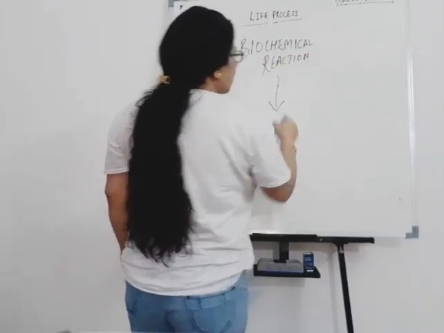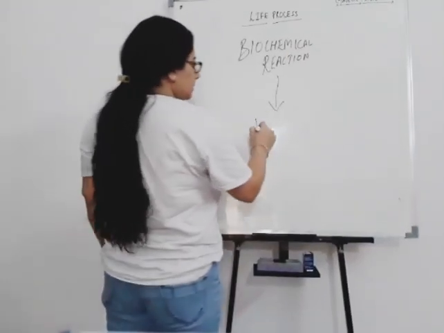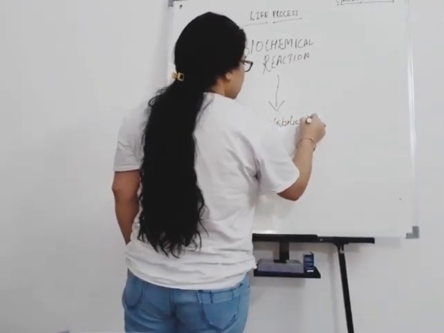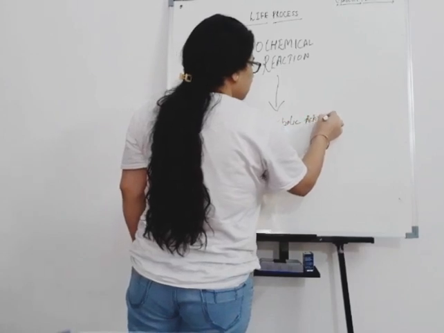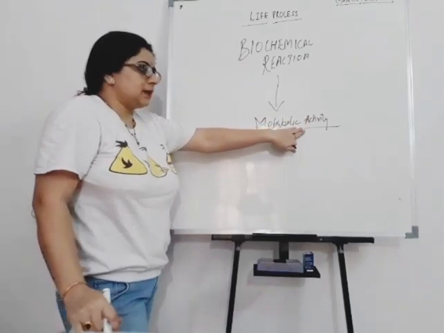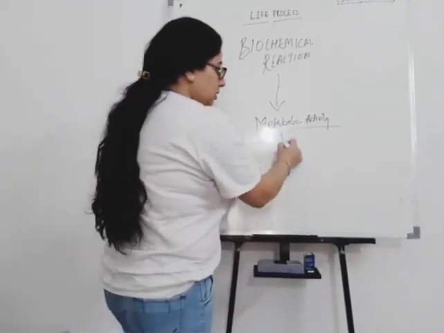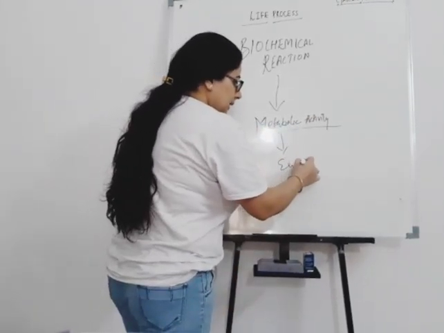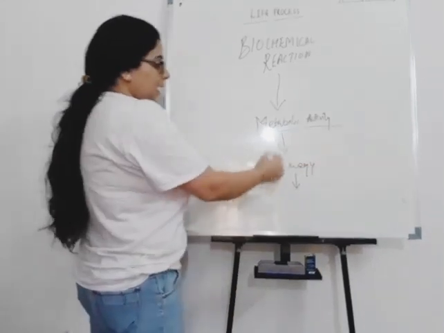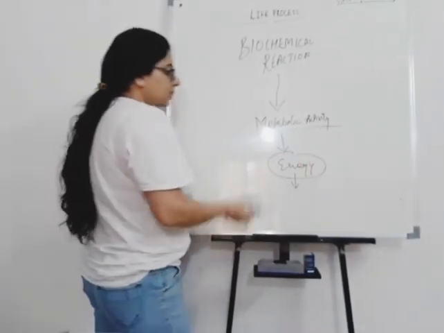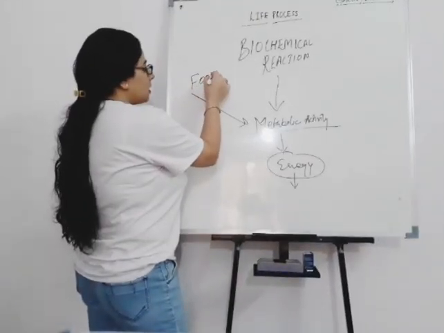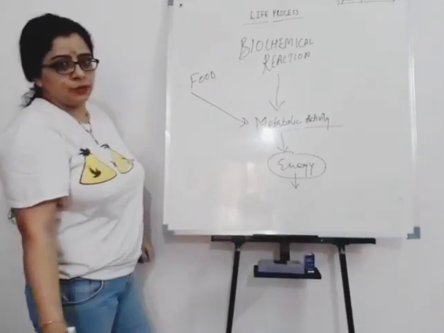A very good example of biochemical reaction is metabolic activities. What's the need of metabolic activities? The basic need of metabolism is to form energy, because we need energy to perform all our essential work. Now, how is this energy formed? We need food for this. What is the basic source of food?